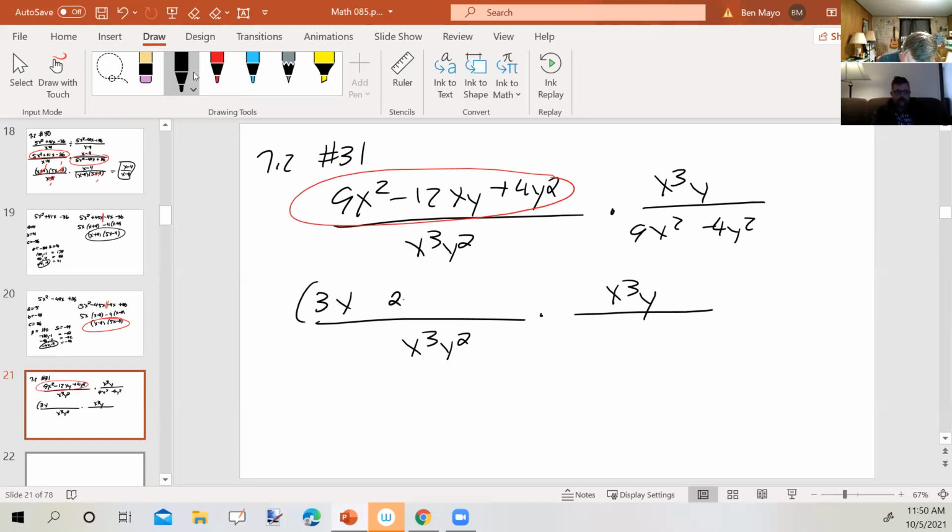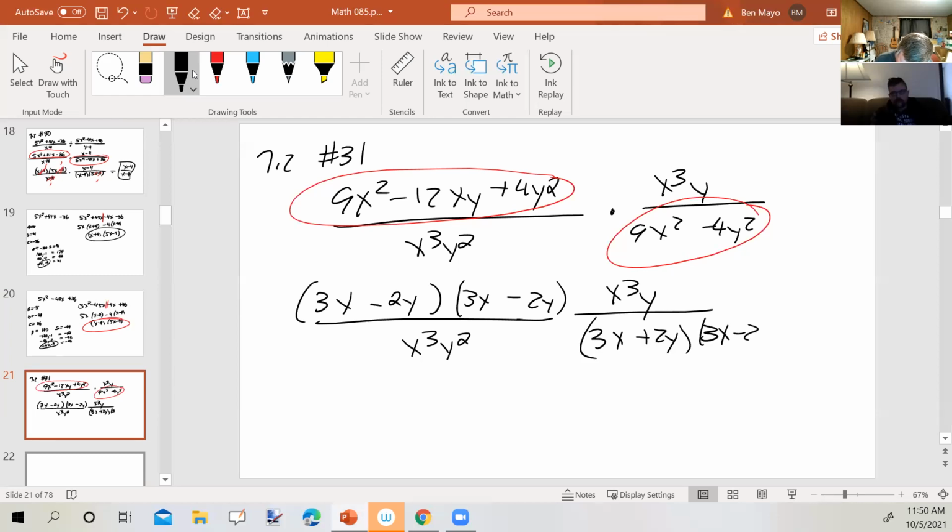3x, 2y. 3x, 2y. And this would have to be a minus and a minus. Yep, that works. Excellent. And then let's take a look at that one. Difference of two squares. 3x plus 2y, 3x minus 2y.